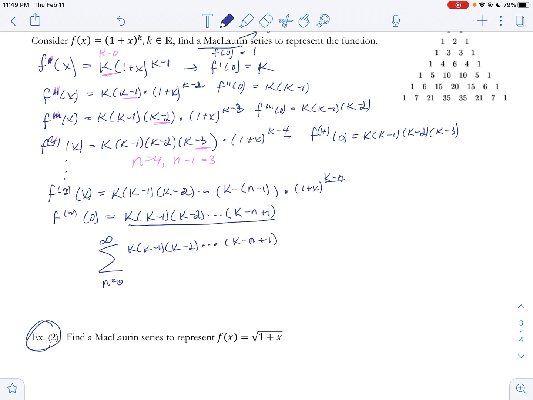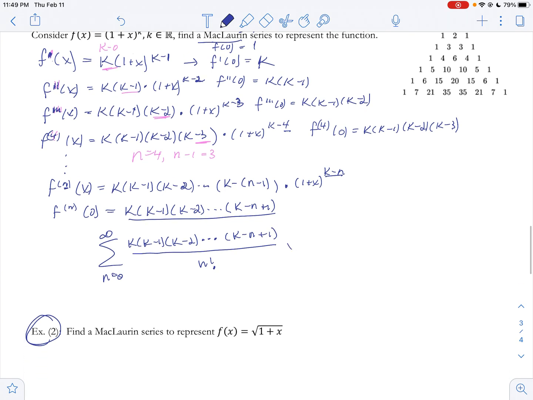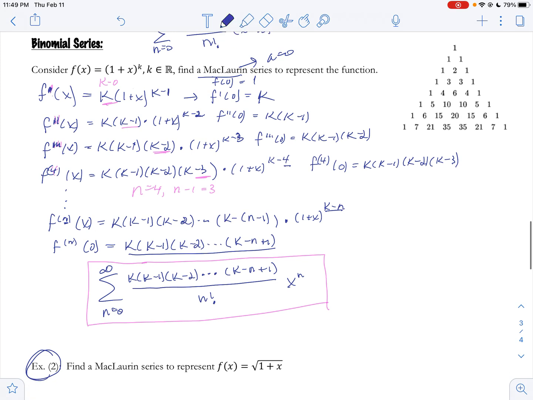And all of that is over n factorial, and then times x minus 0 to the n. And so this is our expression, or our series, that represents the binomial 1 plus x to the power of k.